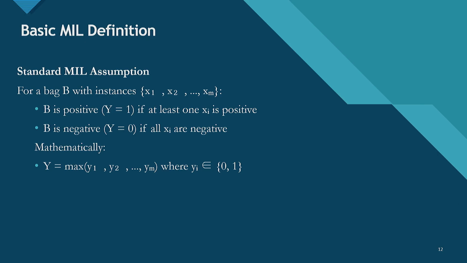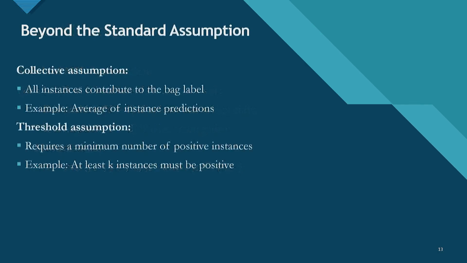If the whole slide contains at least one positive or tumor area, this is a positive bag. For a negative bag, all the instances should be negative, and it should be normal, there must not be any kind of tumor area or tumor cell in that whole slide image. So mathematically it can be represented like this formula.